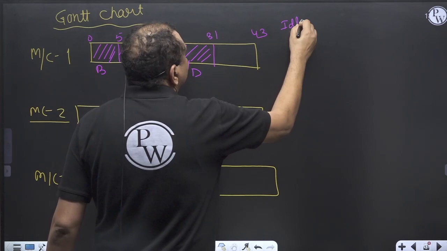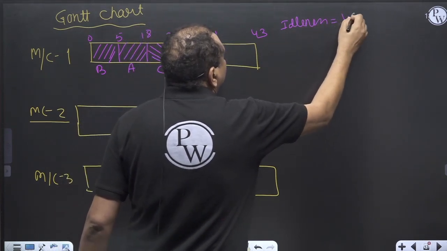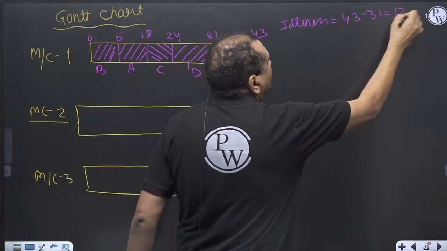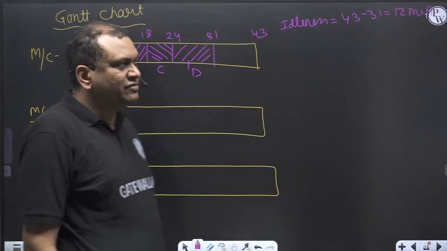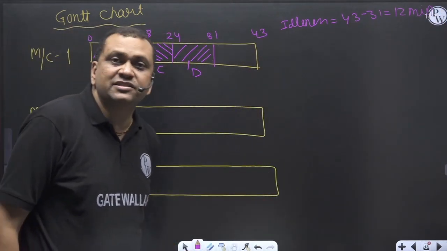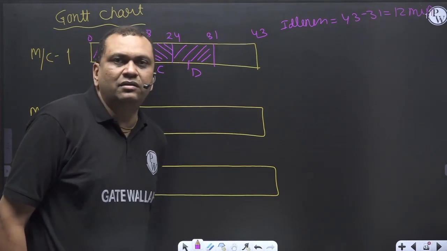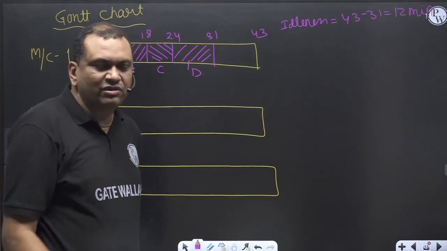So idleness is 43 minus 31, or 12 minutes is average idleness on machine 1. So you can calculate percentage idleness or percentage utilization similar to the last problem.